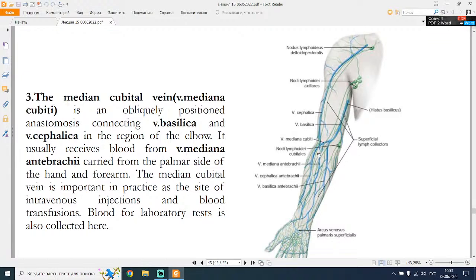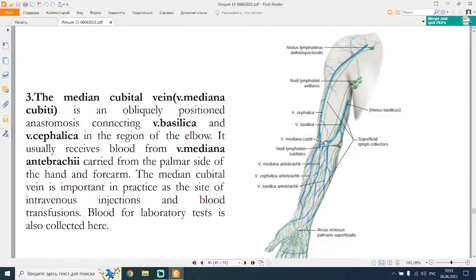It usually receives blood from vena mediana antebrachii, carried from the palmar side of the hand and forearm.